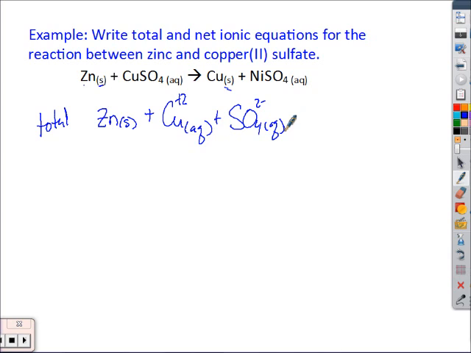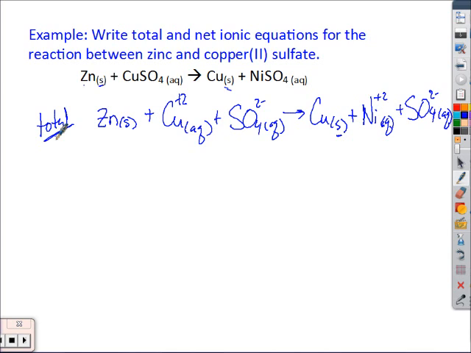You do need to show the state of all of them. It turns into copper solid. There's no charge because it's a solid material. The only time I show charges is if I have an aqueous solution. And my SO4 2- is aqueous. This would be the total ionic equation.